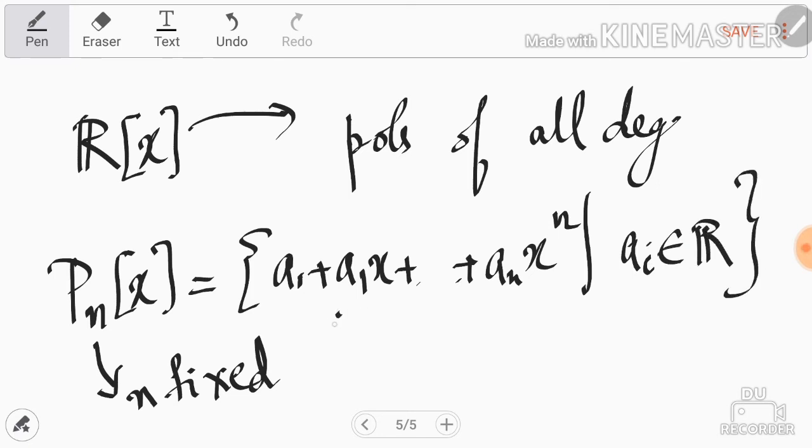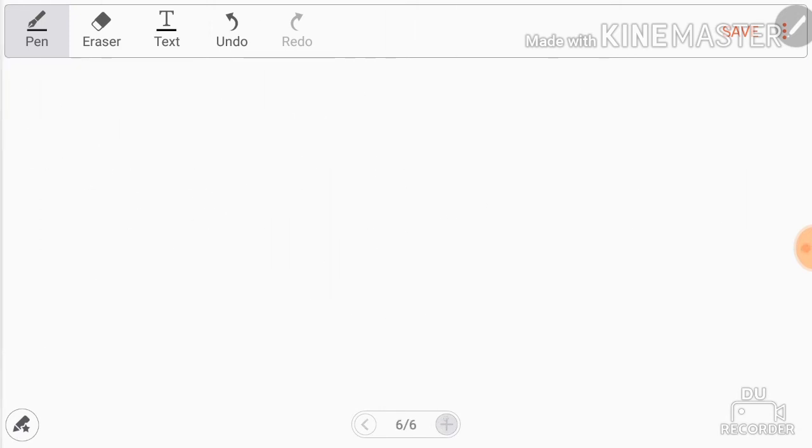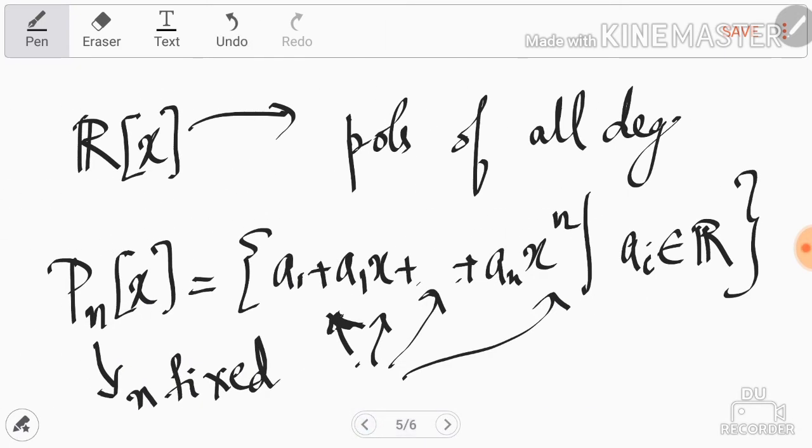So this will contain the 0 vector, the number 0, which will be the 0 polynomial. It will contain all constants. It will contain all 1 degree polynomials. It will contain all 3 degree polynomials, and the maximum will be the nth degree polynomials. So as we know, if you add any two degree 2 polynomials, you will get another polynomial whose degree will be maximum 2.